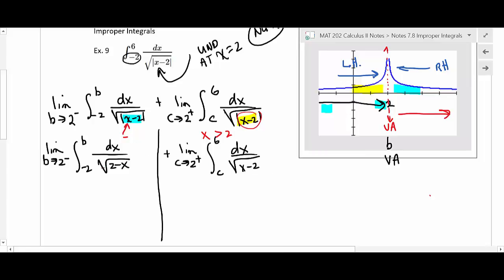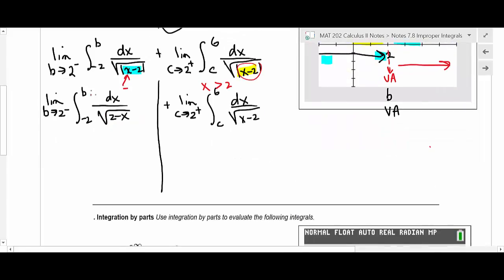If you did this integral right here with a U-substitution, you would have u equal to 2 minus x. Then du is just going to be negative dx. So in other words, negative du is going to be dx, okay?